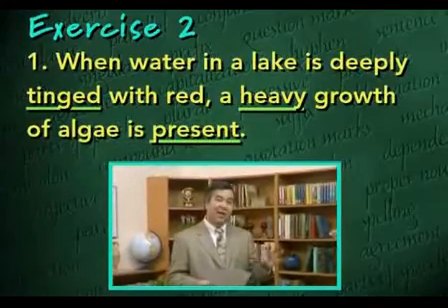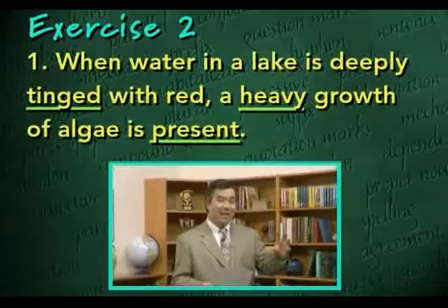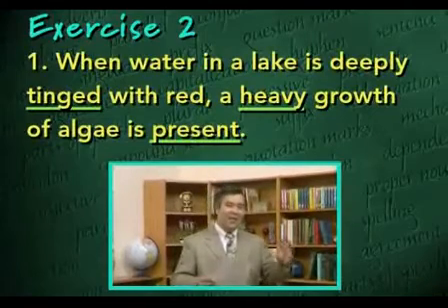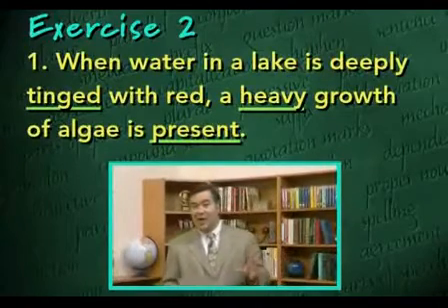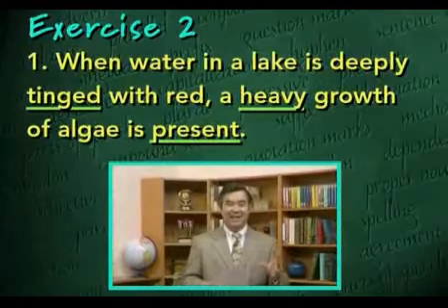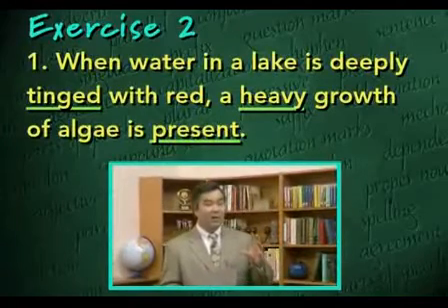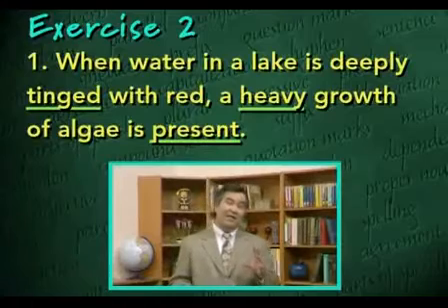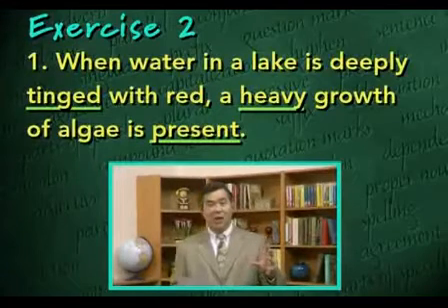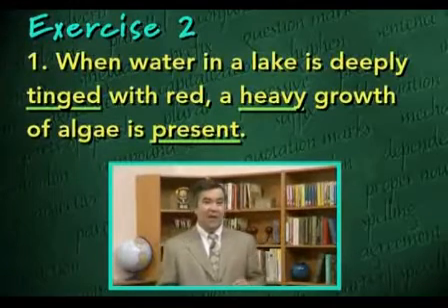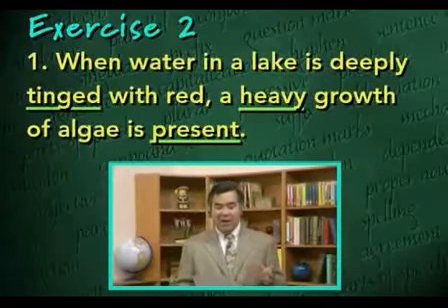Red is being described here as a kind of substance, a thing that has been used to tinge or color the water. So red is a thing in this sentence, and therefore it's a noun rather than an adjective. Remember that the same word can be used as more than one part of speech, depending on how it's used in the sentence. What about articles?